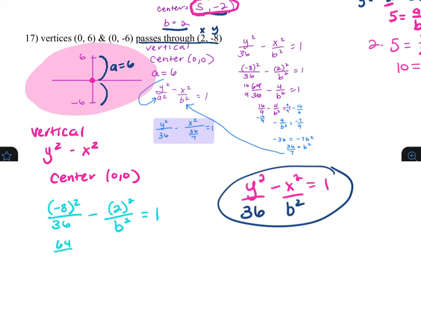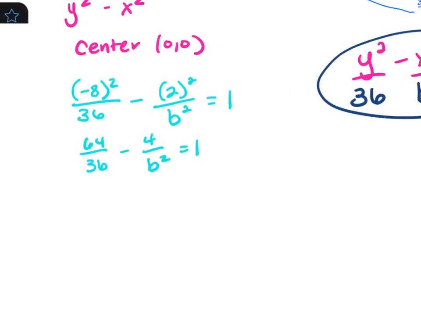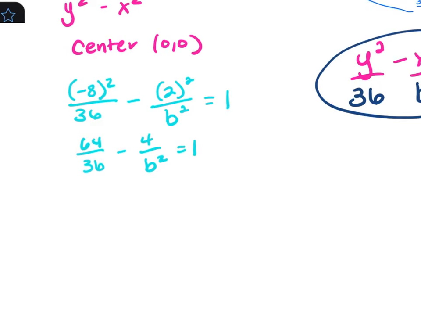This would be 64 over 36 minus 4 over B squared equals 1. I can reduce the 64 over 36. 4 goes into both of those. It'd be 16 and 9. So I have 16 ninths minus 4 over B squared equals 1. I want to subtract the 16 ninths from both sides.